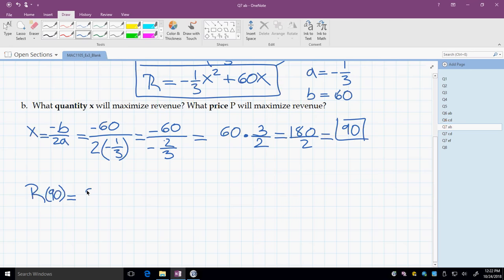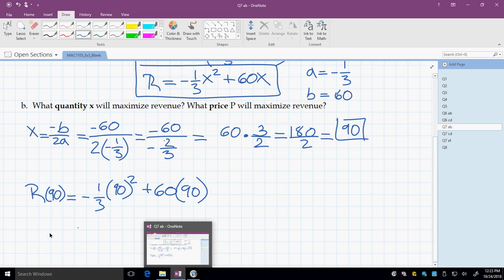So I have 90 and negative 1/3 times 90 squared plus 60 times 90.